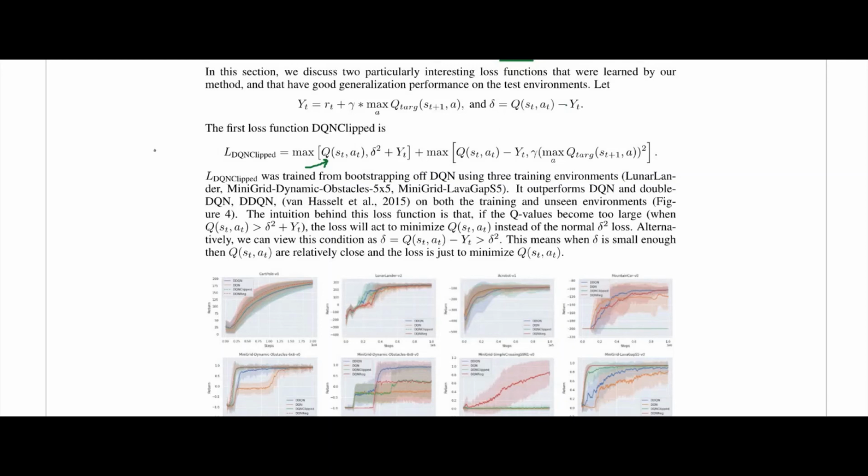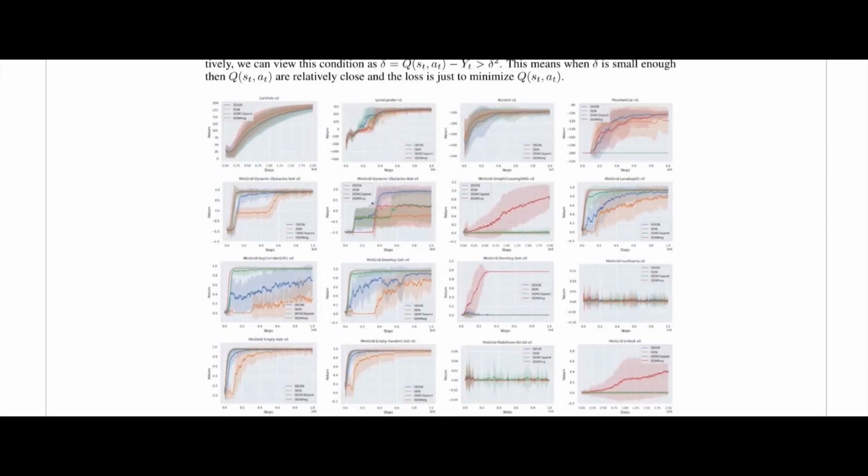So a lot of effort is done to reduce the Q values. You have double DQN, DDQN and so on. So it is interesting that their method itself figured out that not only does it need to minimize delta, which is the DQN loss, the temporal difference loss, it also needs to focus on minimizing the Q values, so the network automatically learns that.